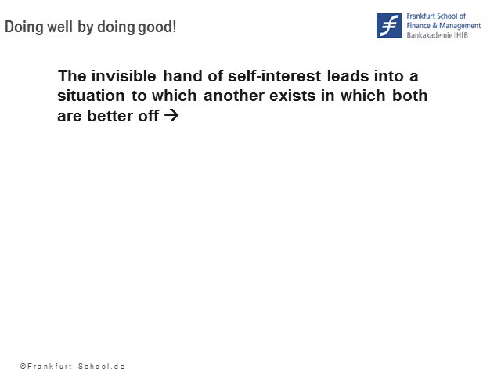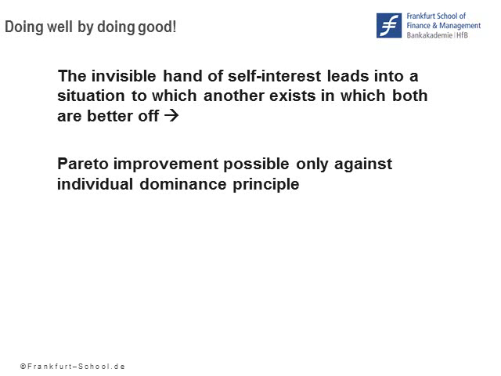So pure self-interest is not in their interest. The so-called Pareto improvement, that's an improvement that makes both better off, is possible only if they violate the fundamental principle of individual rationality, namely, never to choose an alternative to which an other exists that can make you better off regardless what else happens in the world.